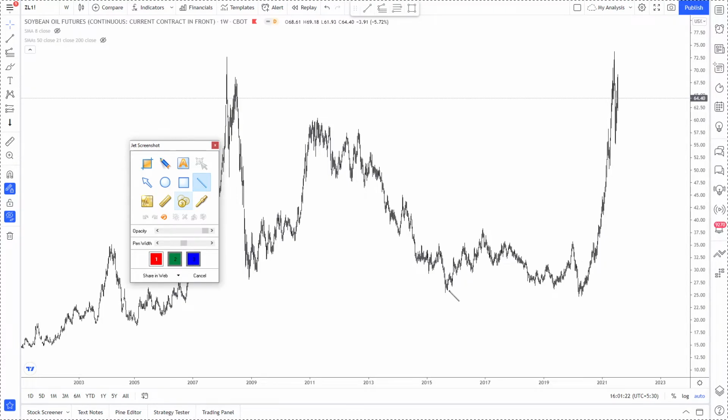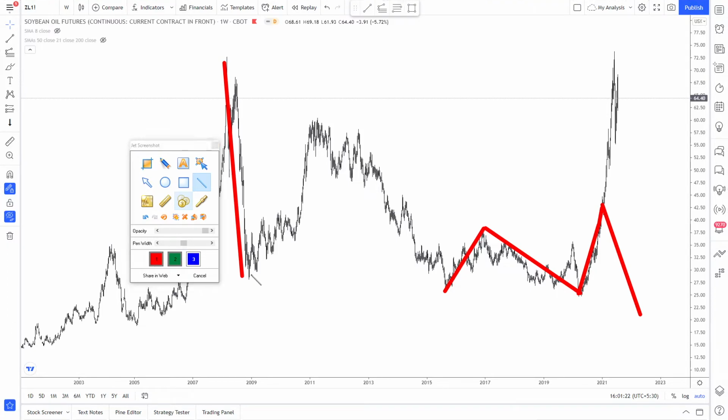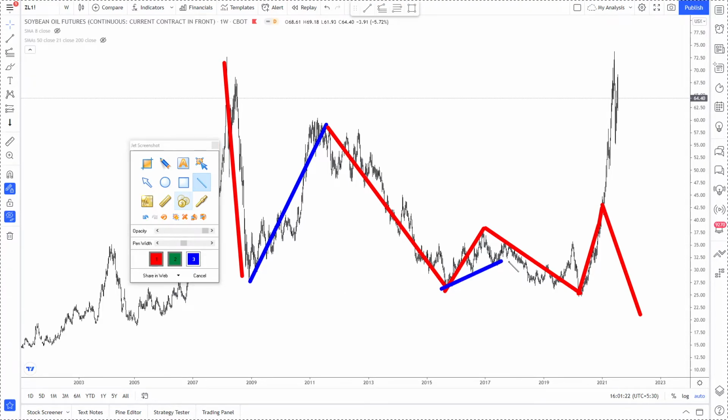It looks like here it's an A. So what I thought is the whole thing is a B because it's already broken this low. So I took this as a running flat, and if it did make the high, that means the exponential flat, I'm expecting one more wave because I took this as a 1, this as a 2, this as a 3, this as a 4, and one more wave to the 5.